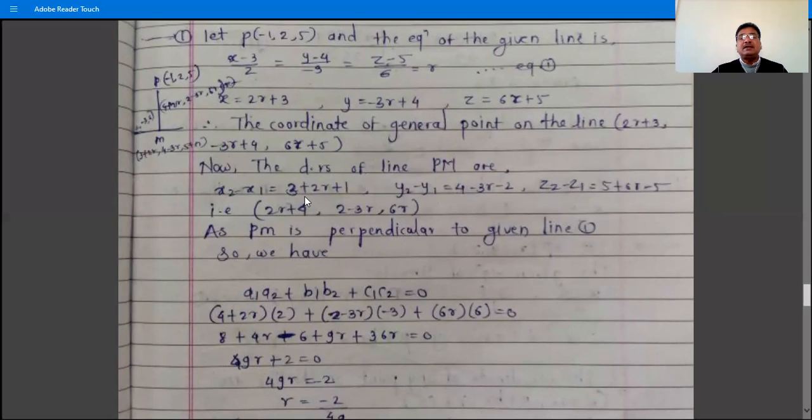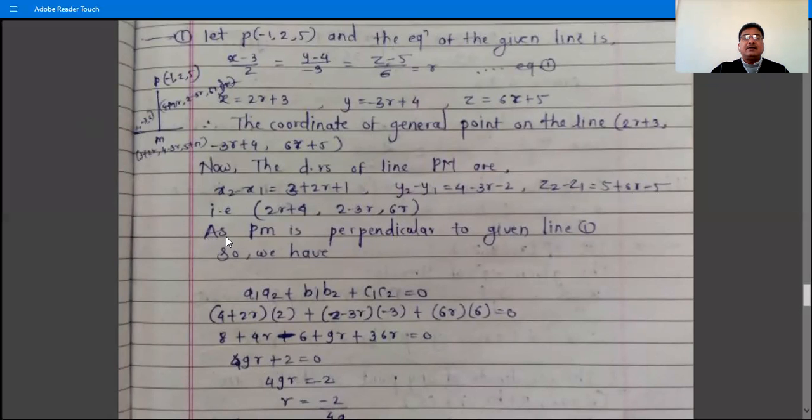So these are the direction ratios of the line PM, because any point on the line has coordinates of this form: 2r plus 3, minus 3r plus 4, and 6r plus 5. If we know two points on the line, then we can write its direction ratios. So these are the direction ratios of the line PM.